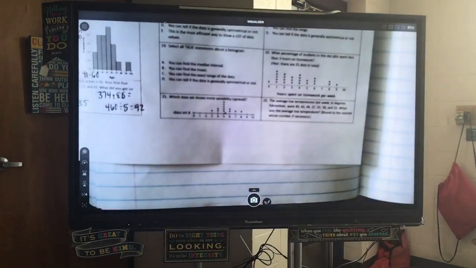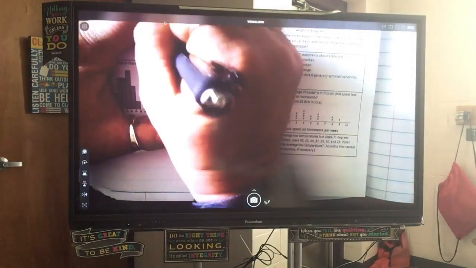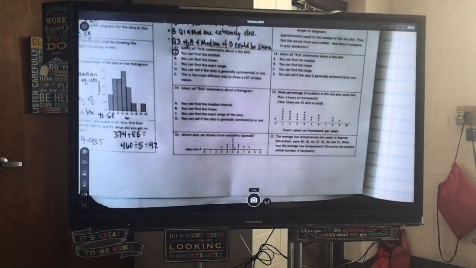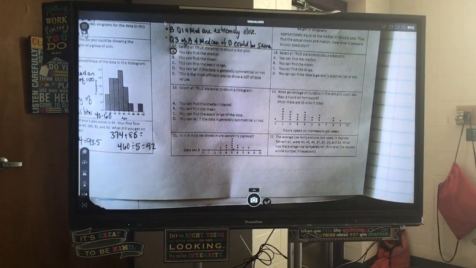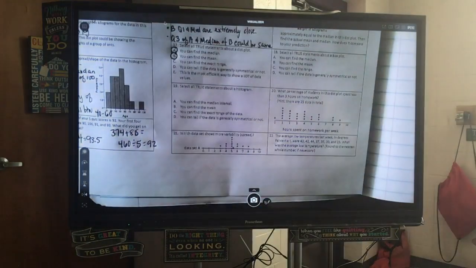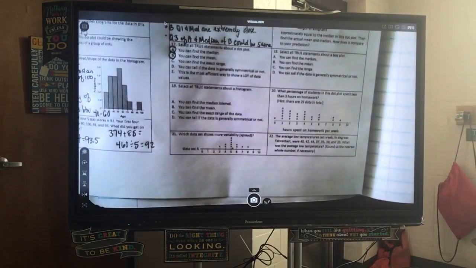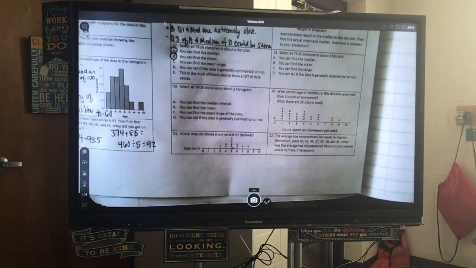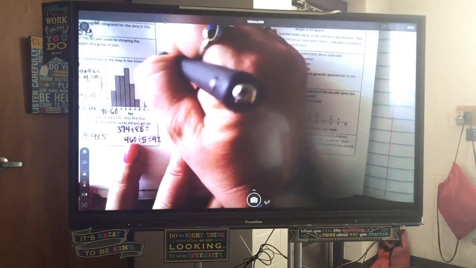Have a seat. All right, stand up if you could find the mean of a dot plot. So you should be standing. Have a seat. Stand up if you can find the exact range. That is also correct. Have a seat.